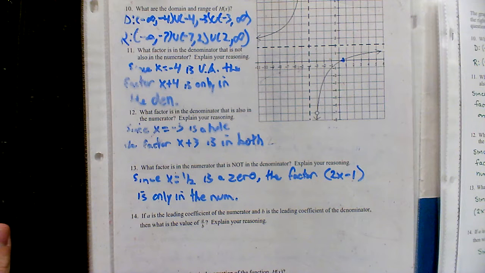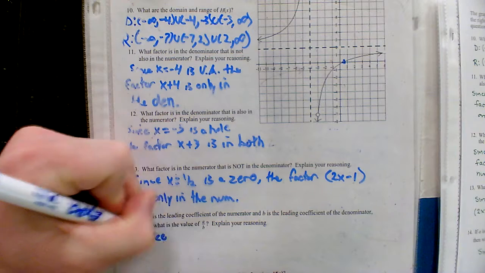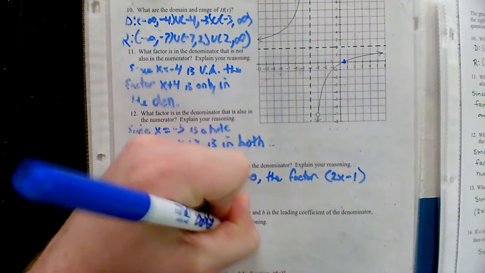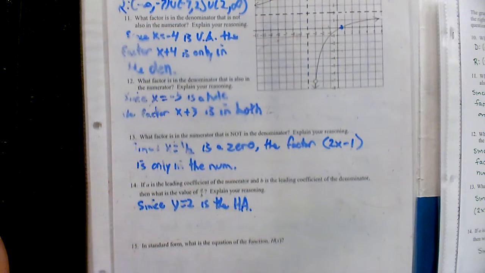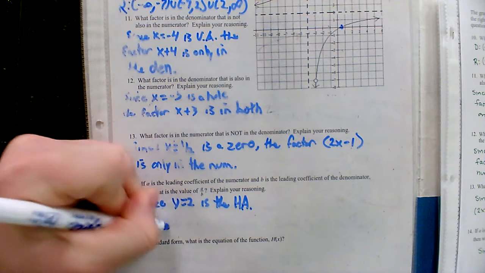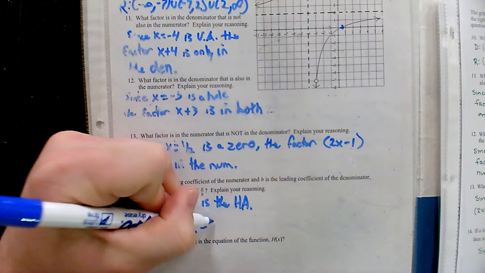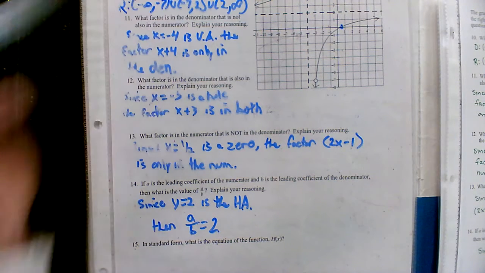It'd be 2 since the horizontal asymptote is 2. Exactly. Since y equals 2 is the horizontal asymptote, then a divided by b has to equal 2 because the horizontal asymptote up here is at y equals 2. Very good.